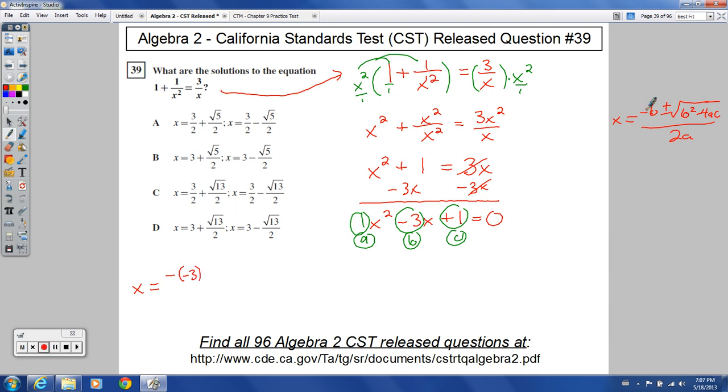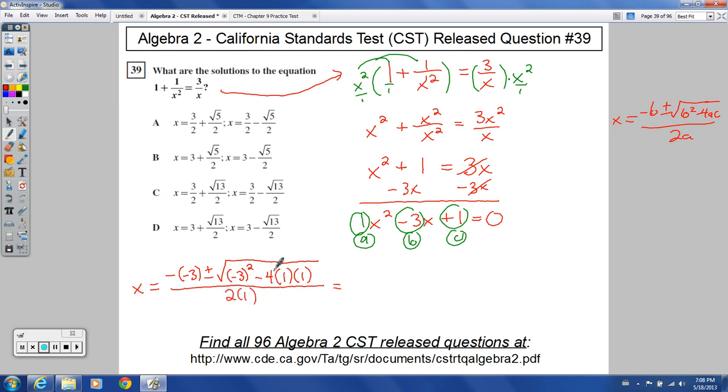Careful, the formula has a negative sign in it, so if your b is negative, it's going to become positive, negative of a negative. And then you have this in the square root part, -3 squared minus 4 times a times c, all over 2 times a.